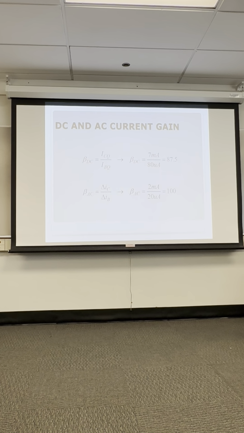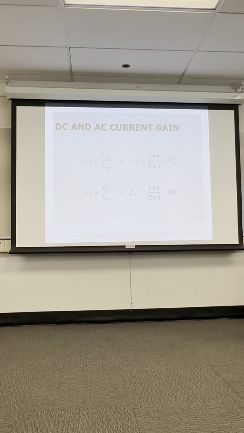So here's a calculation of beta from that curve. Here's a DC beta, which is just static. ICQ is the quiescent collector current, and IBQ is the quiescent base current. So if we plot those points, it comes to around 87.5.